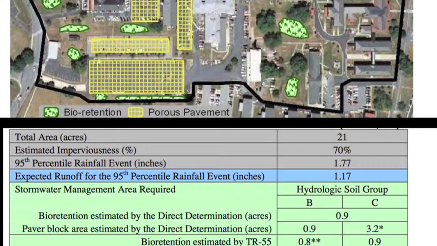If the rainwater management techniques used on the site included both bioretention and paver blocks as presented here, then all runoff from the 95th percentile rainfall event would be controlled.